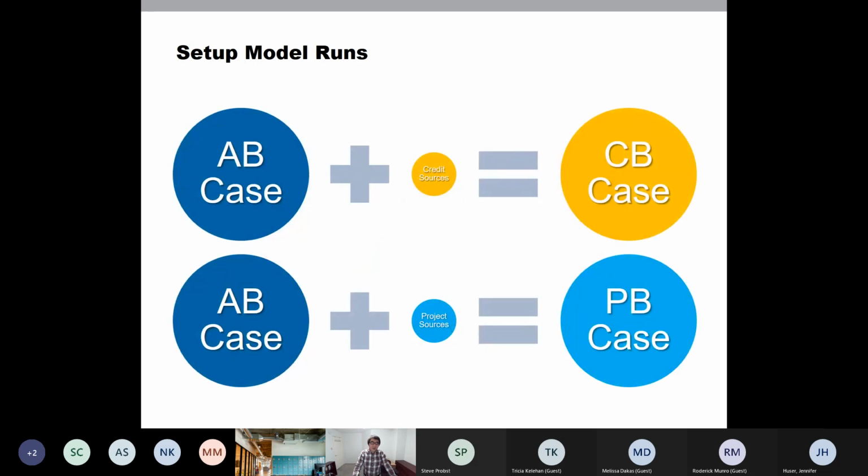And then, after the attainment baseline case is set up and validated, we're going to set up the credit baseline case and the project baseline case. Here is basically what the models look like. We take the AB case and we just add. This is a little bit counterintuitive for the credit baseline case, because we're not taking out the credit.